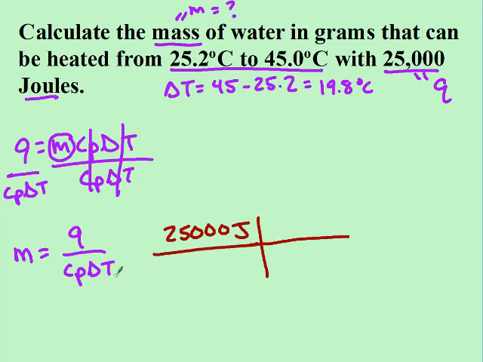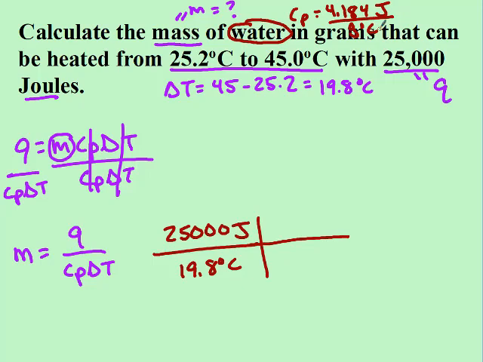Cp, though, has multiple units, so I'm going to use the separate box over here. So I'm going to go ahead and plug my delta T in. So it doesn't matter where delta T goes on the bottom, as long as it's on the bottom. Just like the previous problem, we have water. Remember that water Cp was 4.184 joules per gram degrees Celsius.